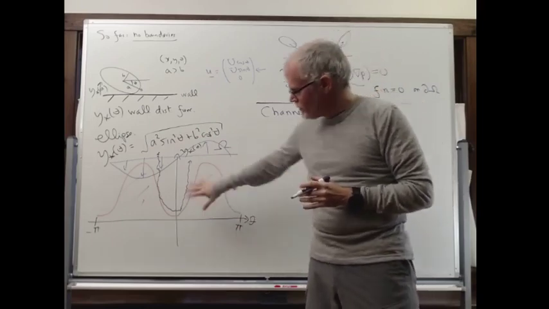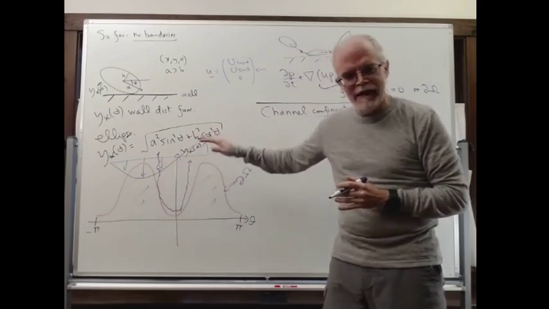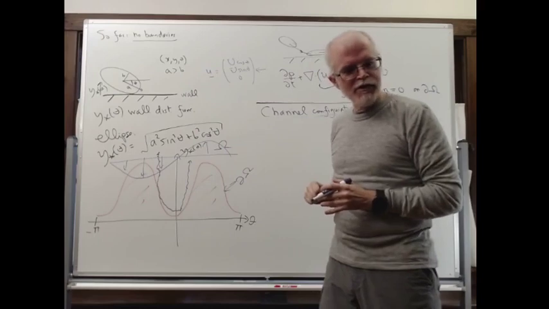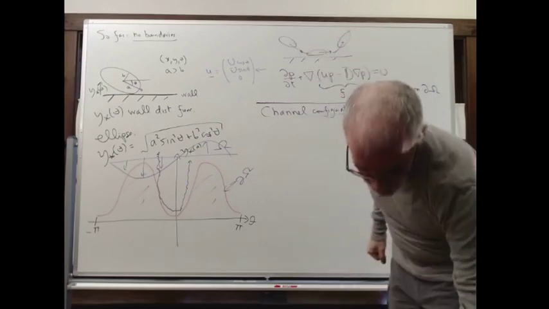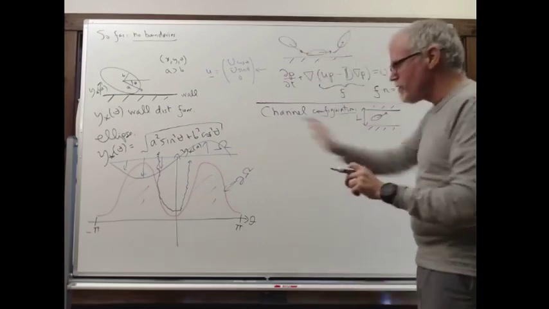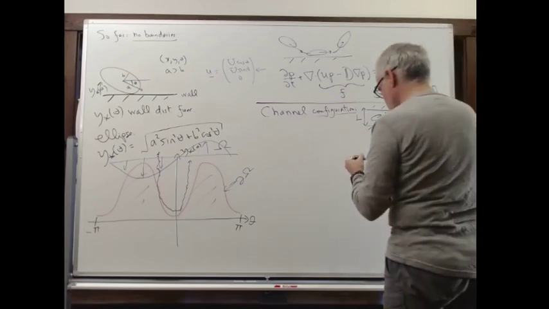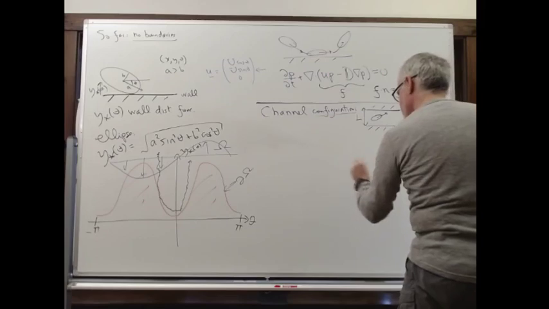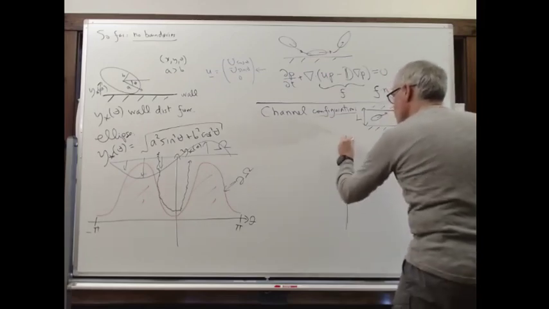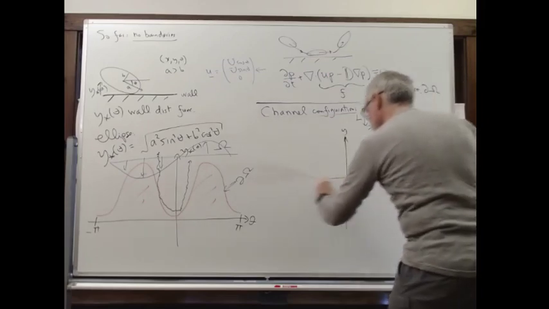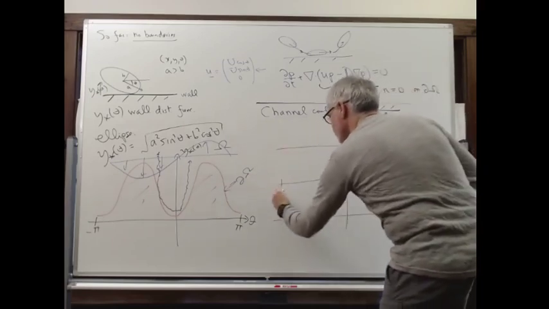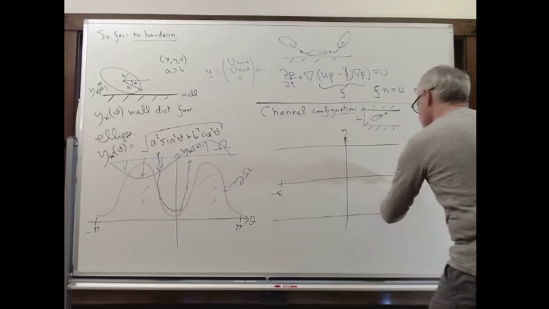There's going to be one of these functions y star corresponding to the bottom wall, and a flipped over function y star corresponding to the top wall. So the configuration space will look something like this. Let me draw a similar picture. I have my y-axis again, and theta goes from minus pi to pi again.